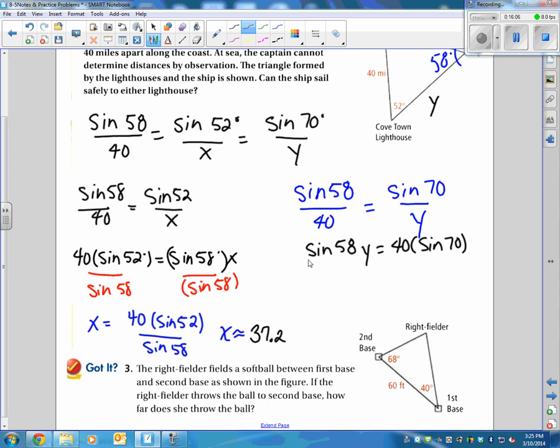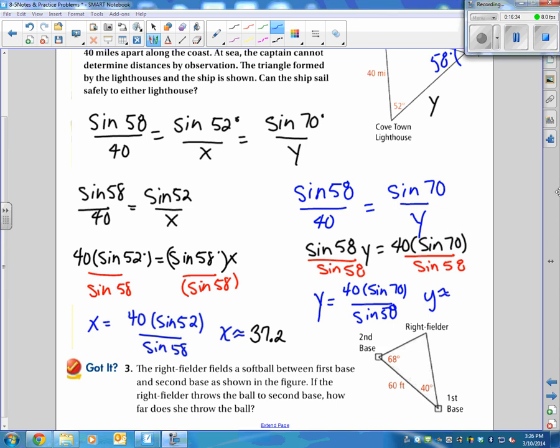And I'll divide both sides by the sine of 58, and I will get the value y is equal to 40 times the sine of 70 over the sine of 58. So we'll go ahead and fill that in and see what the approximate value is in my calculator.